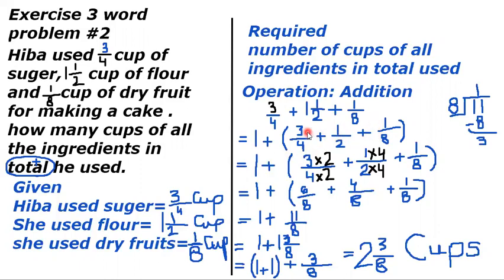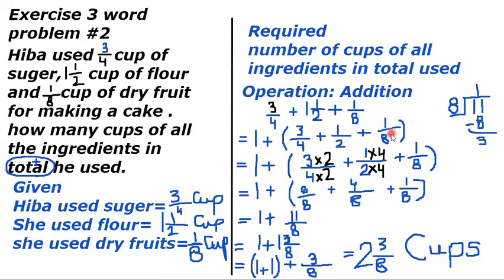You cannot add the numerators of unlike fractions. Never, because it's a rule. First you have to change these unlike fractions into like fractions.